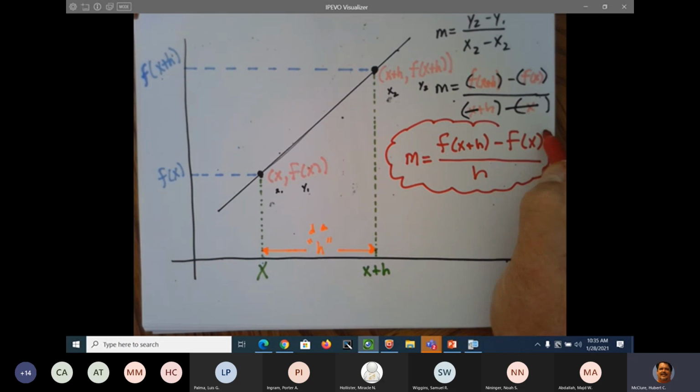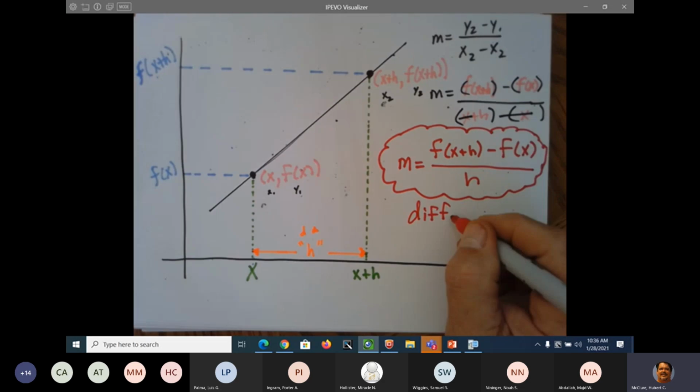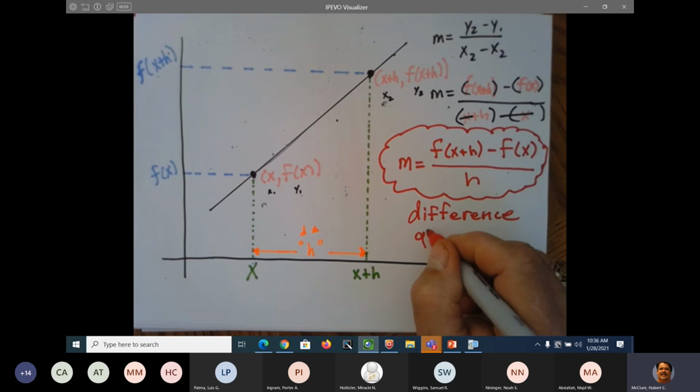So I've taught you how to go from pre-algebra to fancy, hold your pinky up, f of x. Now I'm telling you that the difference quotient is nothing but what?